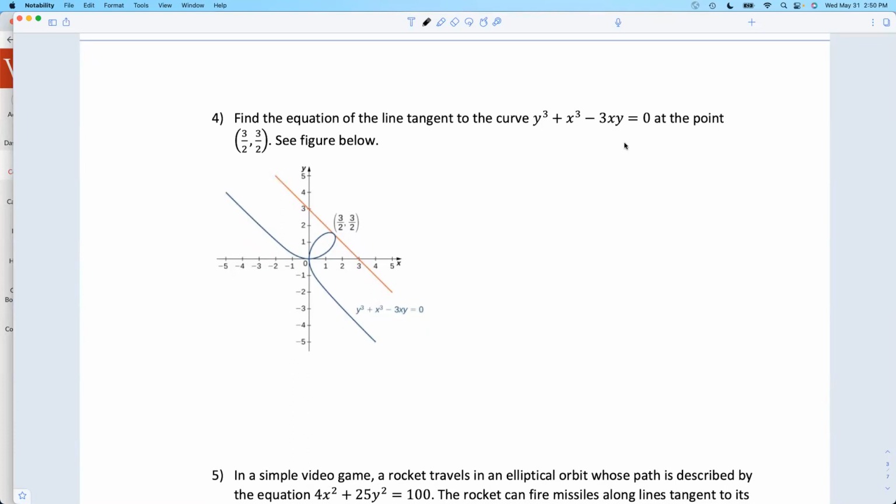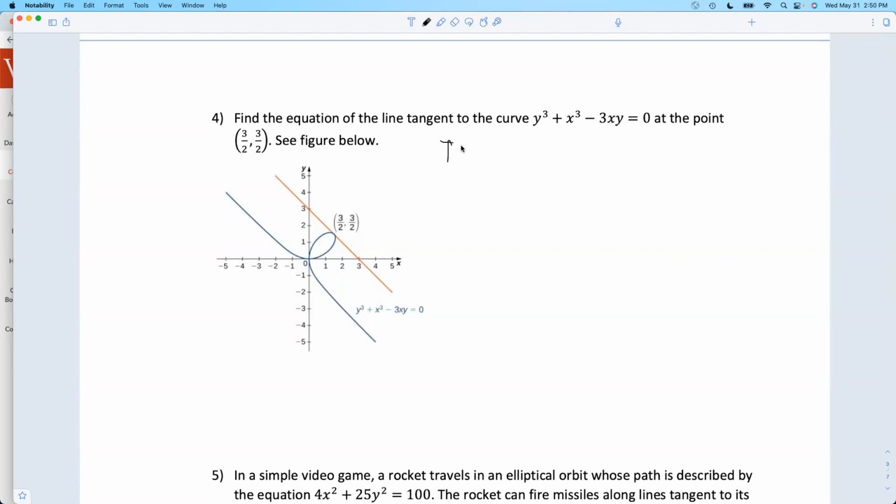But I can find an implicit function, it's right here, and do implicit differentiation to find y prime that still spits out slopes of tangent lines. But now I have to give it, instead of just an x value, I can't just tell it x equals 3/2. X equals 3/2 could be that point, or it could be that point, or it could be that point. See, I have to give you an x and a y. All right, so let's do this.